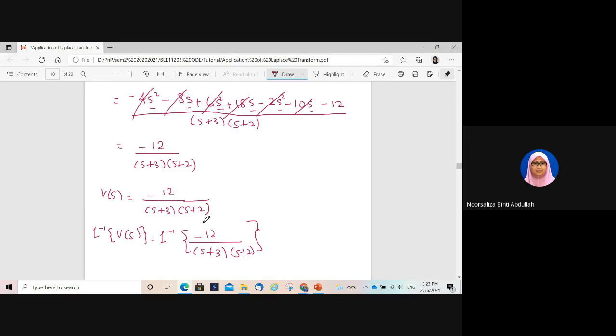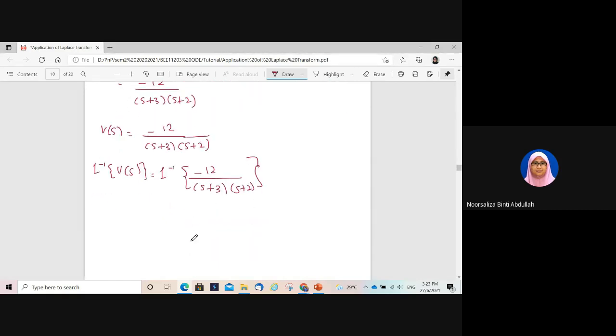Okay, nanti kejap, lepas kelas nanti saya beri kat Afi. Okay, so this one, awak pakai pecahan separa. So you have minus 12 over s plus 3, s plus 2 sama juga dengan equals to a over s plus 3 plus b over s plus 2. Betul?